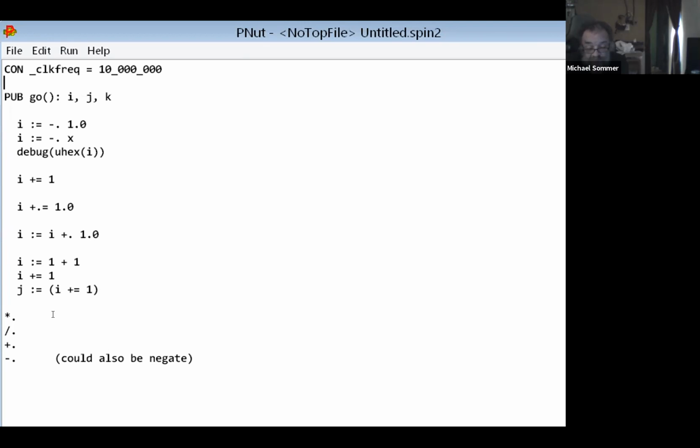COBOL is the most expressive language, you can say, but you don't need to comment it. You can basically read it. It's almost like English language.